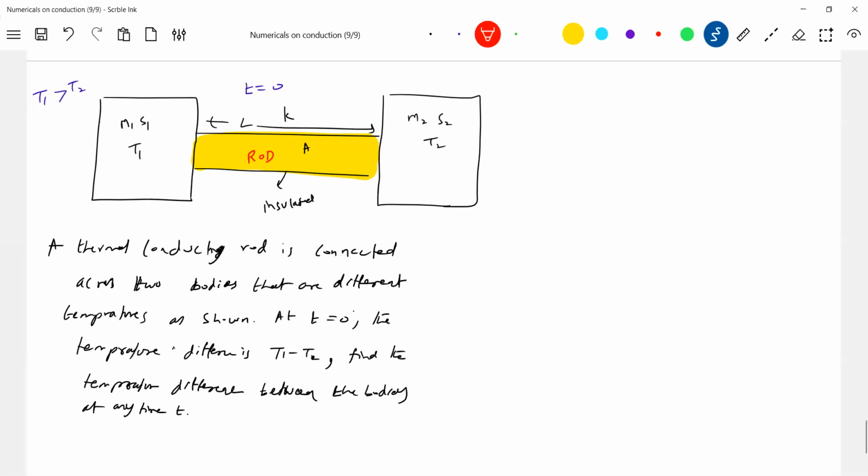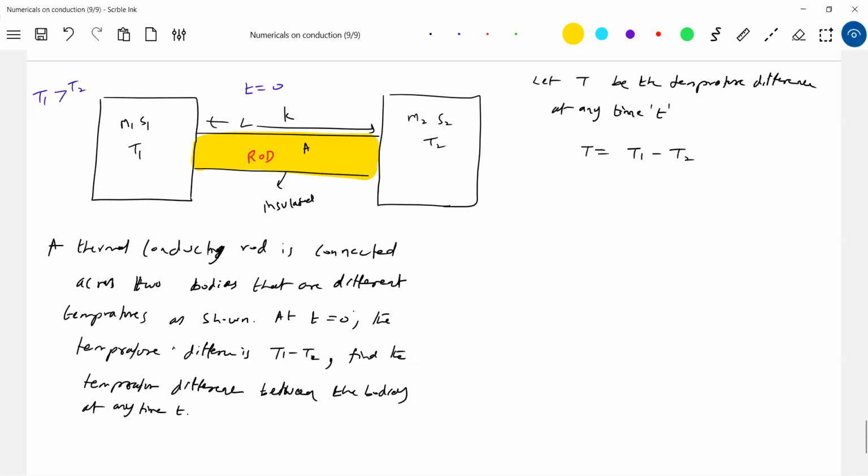Let T be the temperature difference at any time t. Then what is T? We can write it as T1 minus T2.